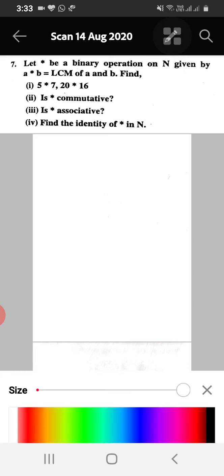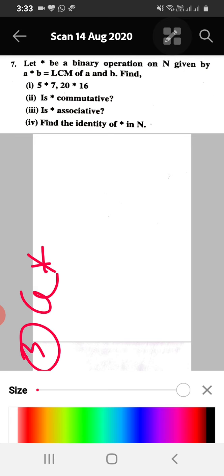Associative property. See, the third one here. First I will consider one by one, A star, B star C. So I will work out this side.